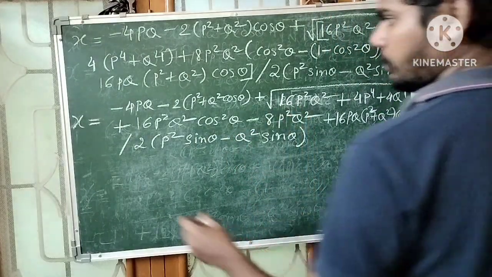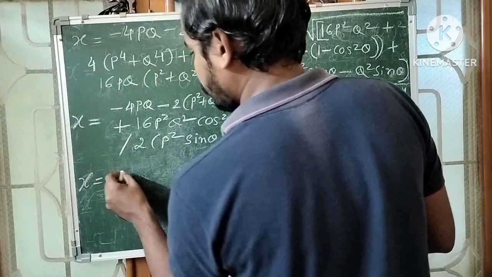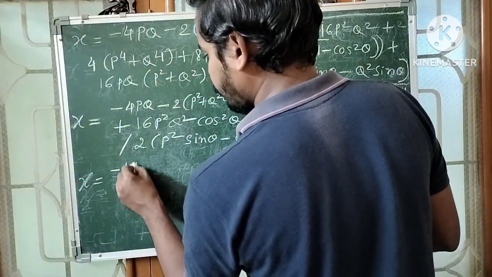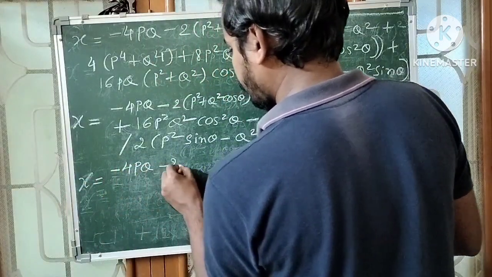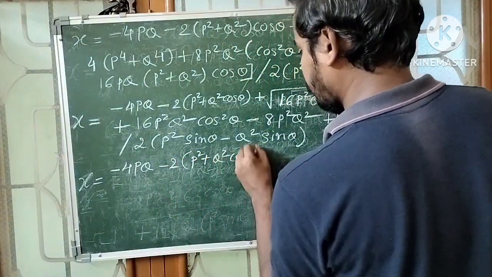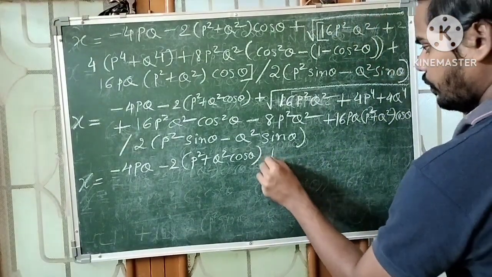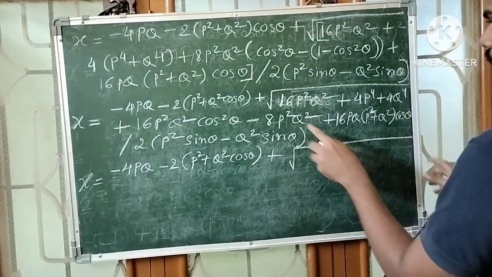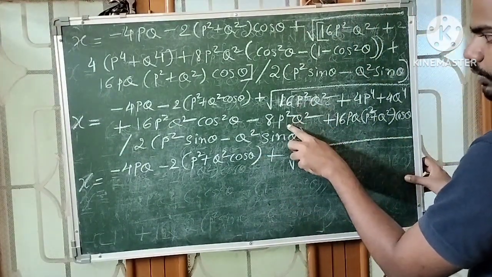Right. x is equal to minus 4pq minus 2 into p square plus q square cos theta plus root over 16p square q square minus 8p square q square.